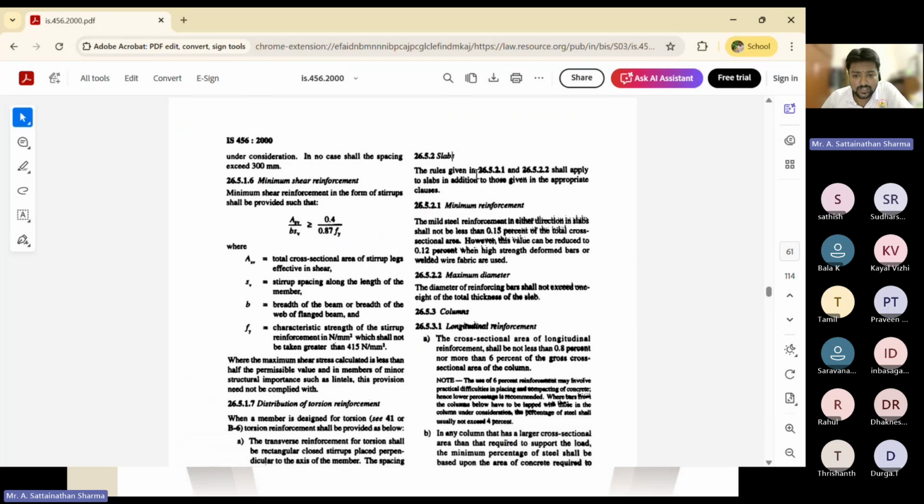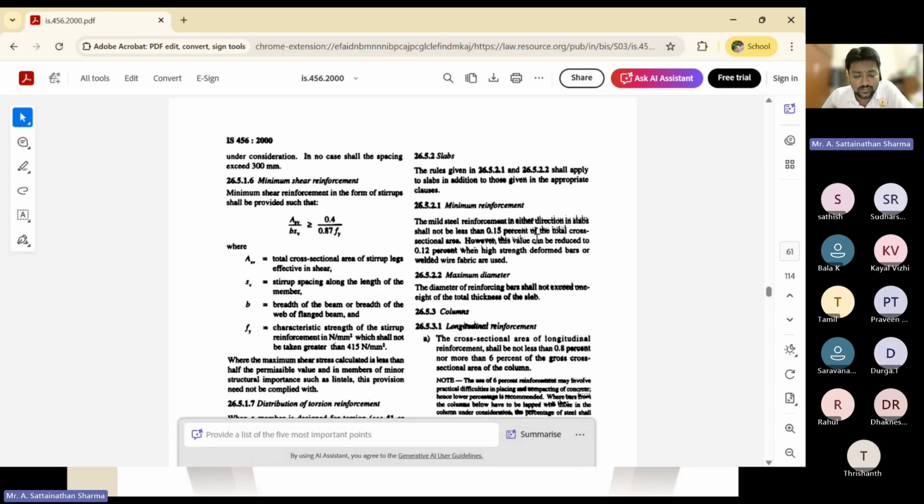See here, the rule given in 26.5.2.1, they are directing somewhere else. You have to go and take that class. Please be clear here. If you see 26.5.2, it is given for slab. What it says is, the rules given in 26.5.2.1 and 26.5.2 shall apply for slabs in addition to those given in appropriate clauses.